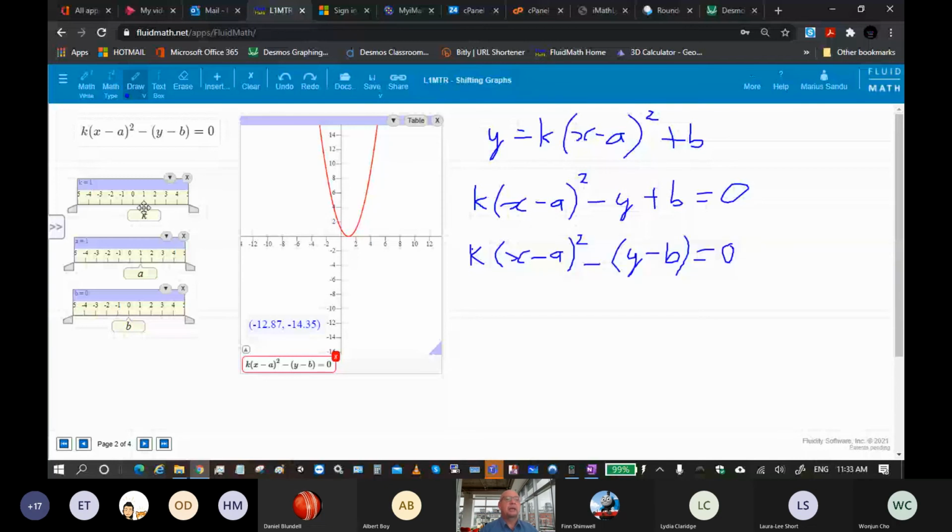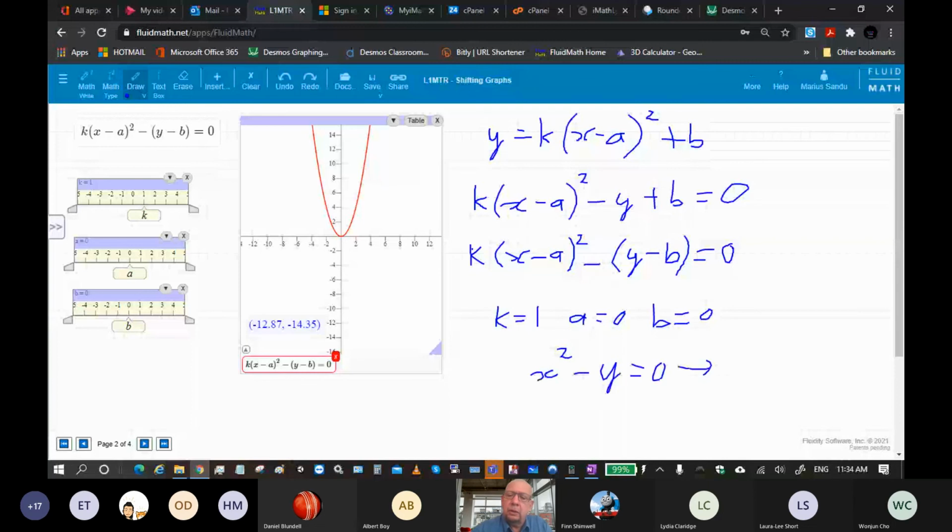So let's leave k as it is. So if I don't add or subtract anything to x and y, so when k equals 1, a equals 0, b equals 0, I'll have x squared minus y equals 0, or y, as you know it from before, equals x squared.